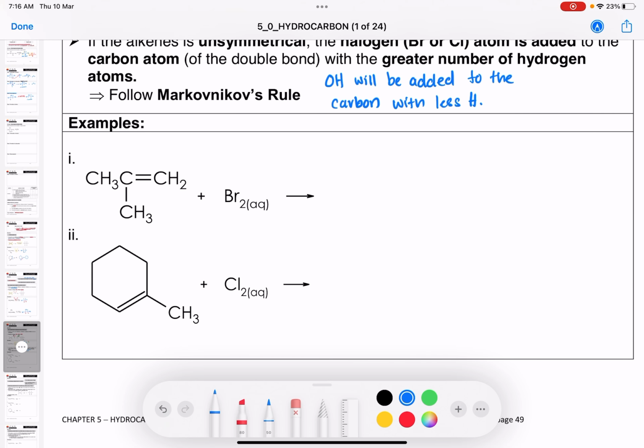Okay, now we have this structure. Let's rewrite it first. Okay, now we have bromine aqueous. So we are going to get 1 bromine and also 1 OH to be added, right?